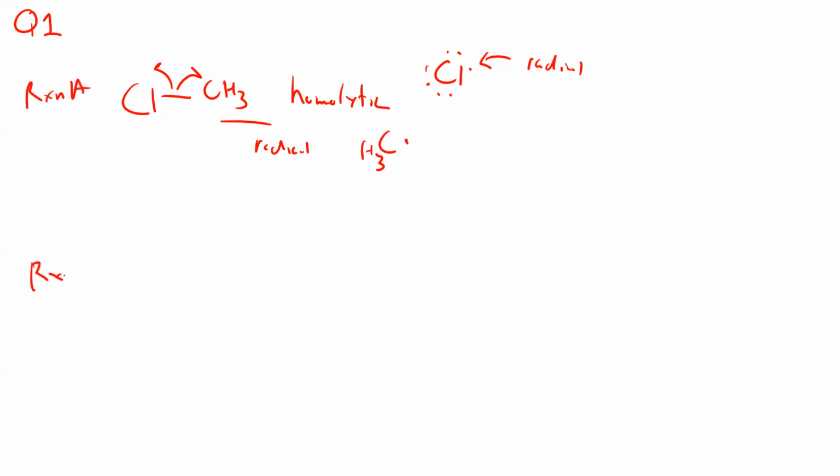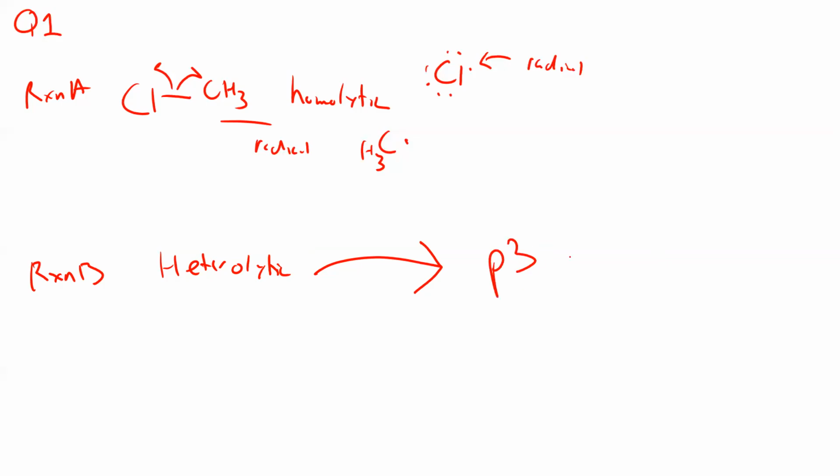Now reaction B, this shows a heterolytic bond cleavage. And heterolytic is going to have both barbs. So product 3, oh, it's not letting me write for some reason. There we go.